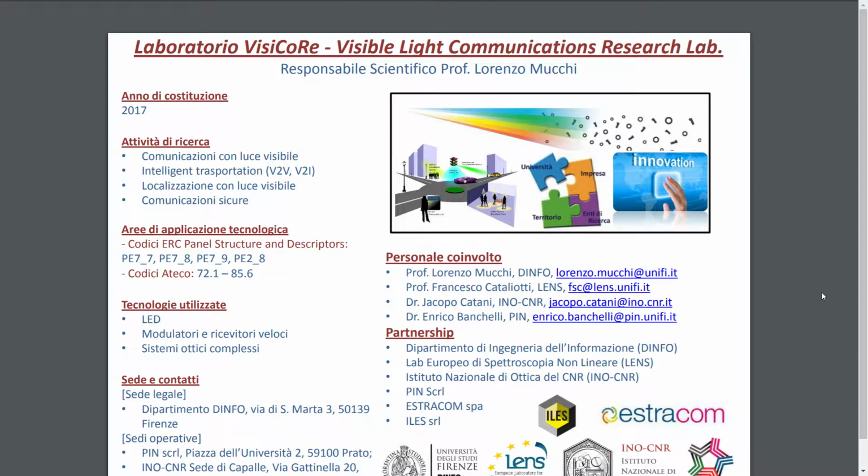And you also have partnerships with enterprises. Well, LENS stands for European Laboratory of Nonlinear Spectroscopy. I don't know what's the English for that. CNR is the National Research Council. The part of CNR that is involved is the National Institute of Optics, so you have INO CNR, but you also have enterprises, you also have companies.